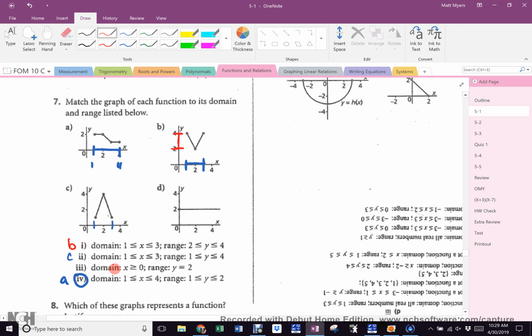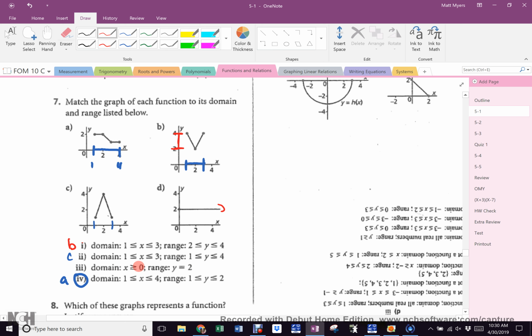We know D is 3, but I want to talk about it, and this is where this comes in for you, Jacqueline, showing stuff on the graph, right? The only Y value is 2. Y equals 2. So that's our range. But notice I have no dot here, right? That means that line goes forever. So X is greater than or equal to 0.